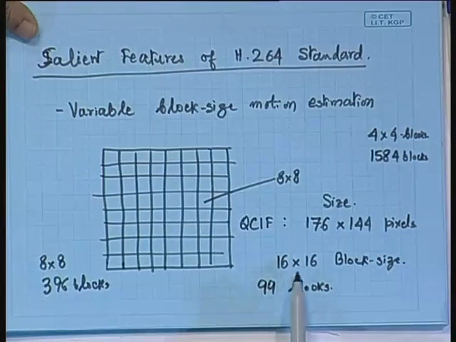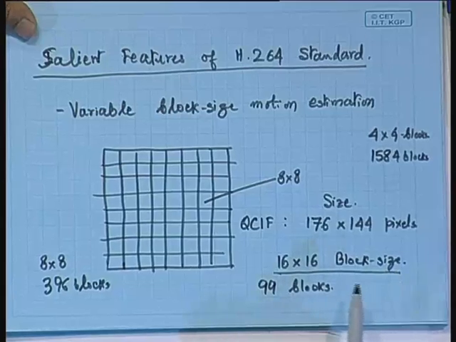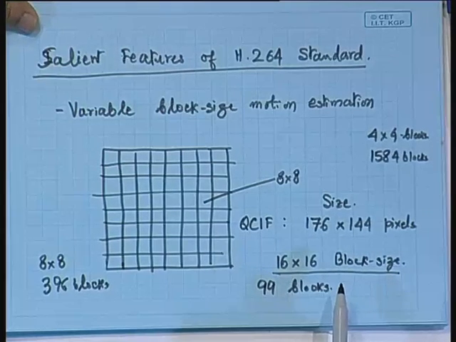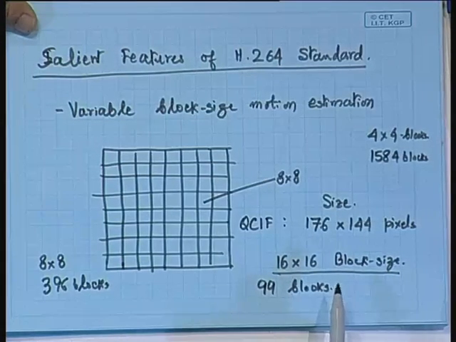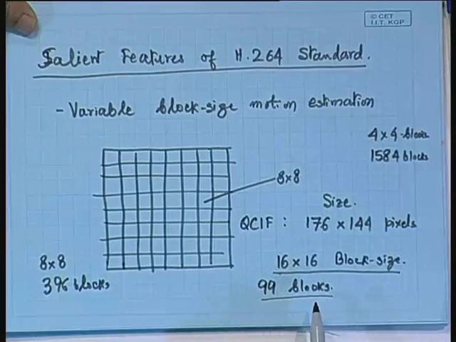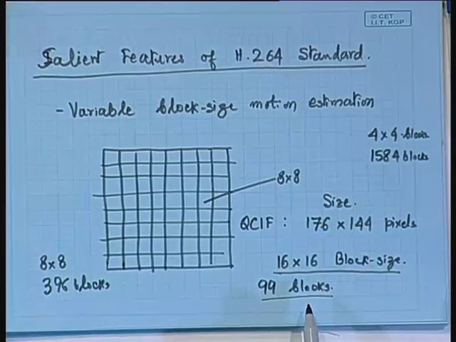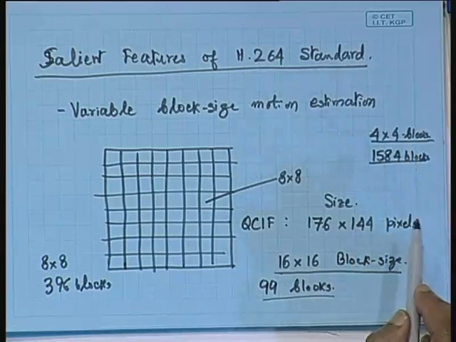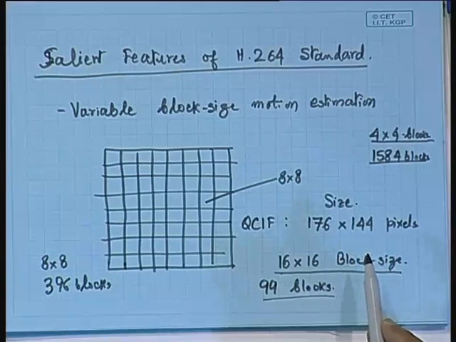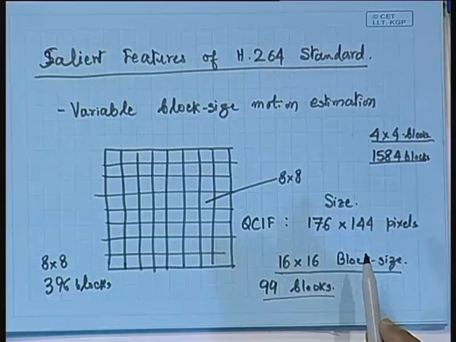If I look at the number of bits consumed in estimating the motion vectors, then the 16 by 16 is definitely the best, because only 99 motion vectors are to be transmitted. Whereas, if I use 4 by 4 block size, then 1584 motion vectors are to be transmitted.